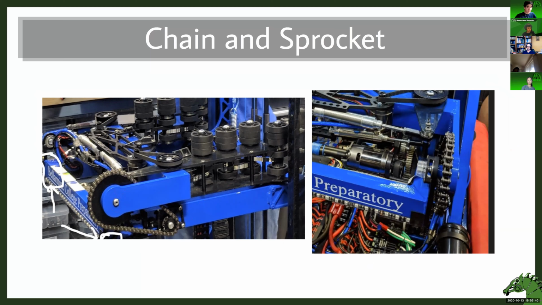you're trying to find a way to get as much reduction in as small and light a package as you can. So this is actually a compound gear train. It uses, I guess, all three things we talked about. So again, this is your motor here, and it starts off with a belt reduction here. So there's a little pulley that powers another pulley down there. You can't really see it, but that feeds into a compound gear train.